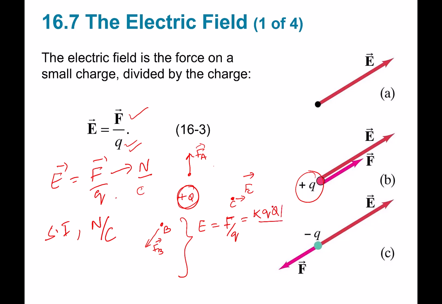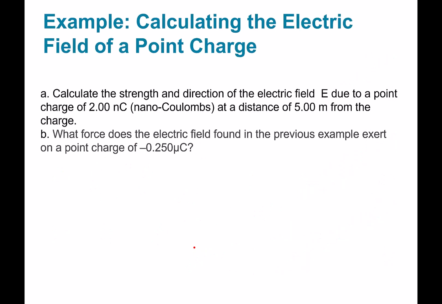So this is the magnitude of capital Q times small q, divided by r square, and q. If you notice, this small test charge being insignificant cancels in this process, and we get k times Q over r square. So this is the electric field experienced at a certain distance away from the source charge. So we call it a single point charge.